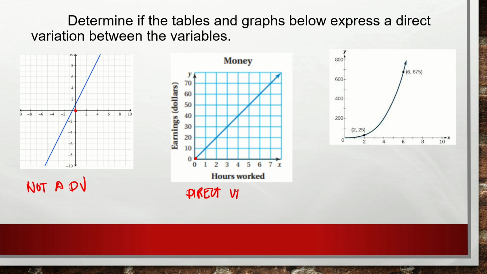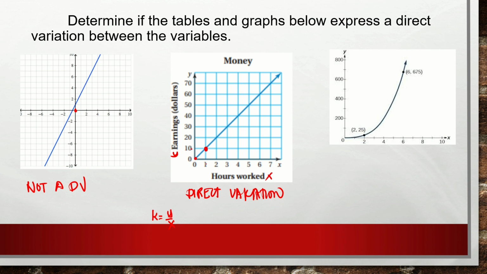If this is direct variation, how are we going to determine the constant k and the equation of variation? Same procedure as what we did in our previous example. To solve for k, that is simply y all over x. So notice, if we pick this point, this is your y and this is your x.